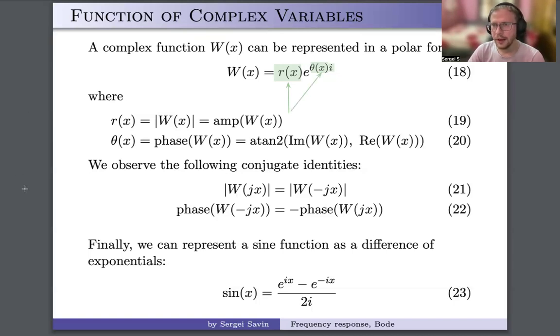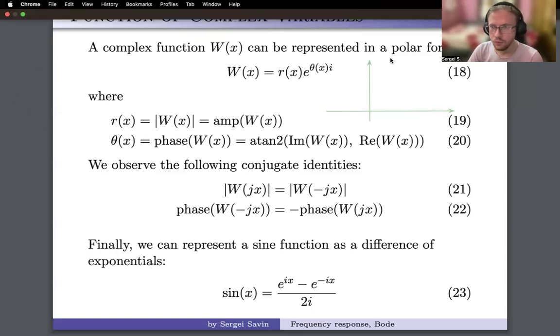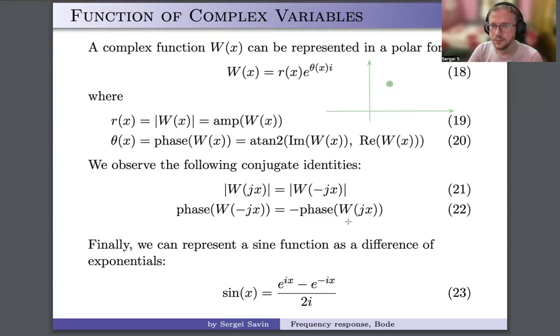Hopefully you remember a little bit of the theory of complex variables. A real function, you can say a rational function, maps you to the real line, right? A complex function maps you to a point on the complex plane. Let's say here. So given any input, it maps you somewhere on the complex plane. So your function can be represented in two ways.